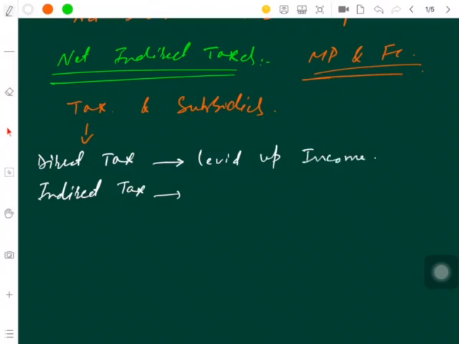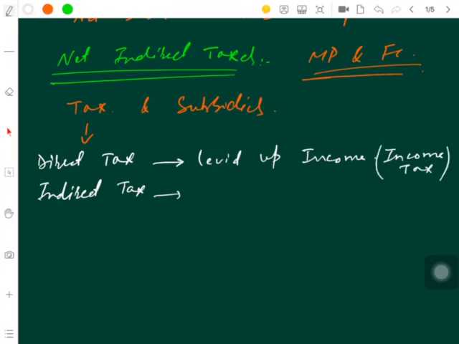So you have an income, you are being asked to pay a tax if it exceeds a particular slab. This is called the direct tax. The greatest example for it is income tax. We all pay it at some point of time.